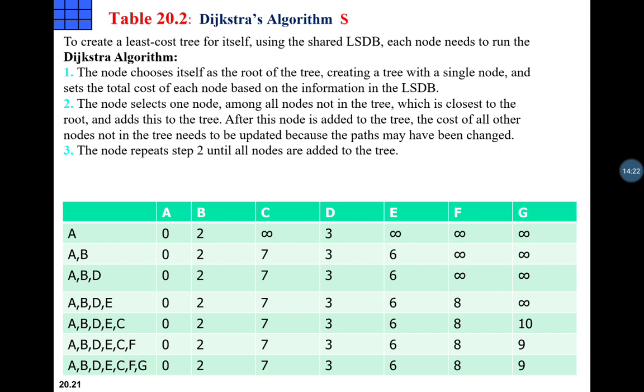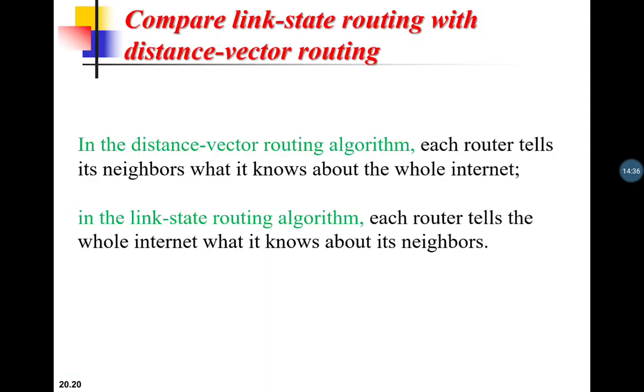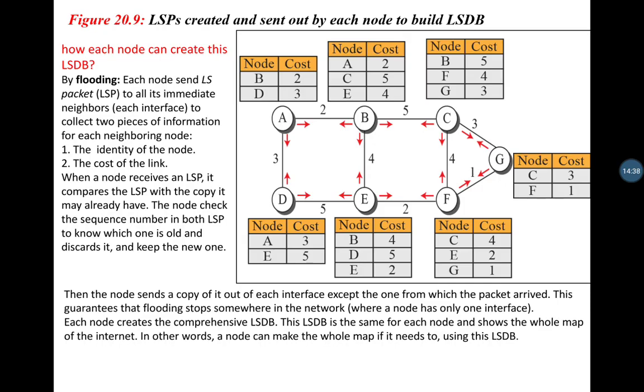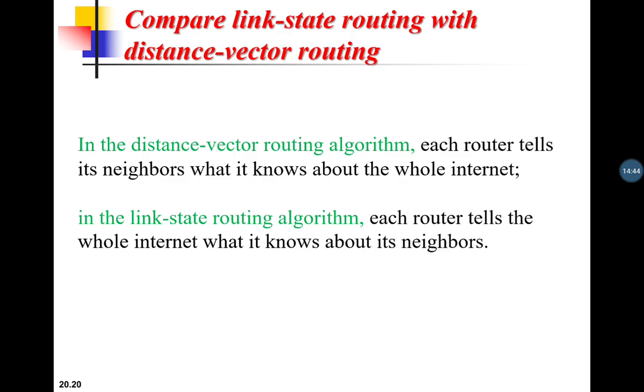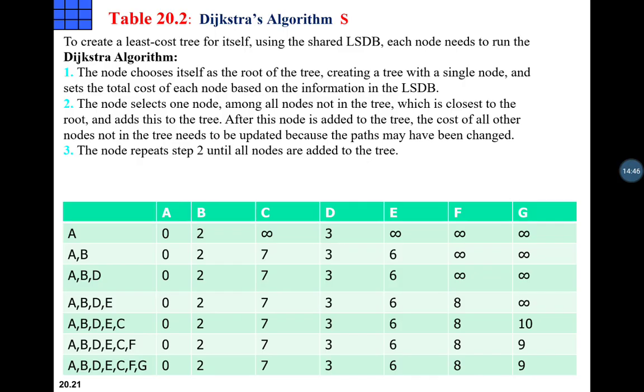Next, it first selects node B, which is the neighbor closest to the root, and it is added to the tree. When B is added to the tree, we can see which other nodes can be connected using B. Using B, the costs of A, C and E are 2, 5, 4.